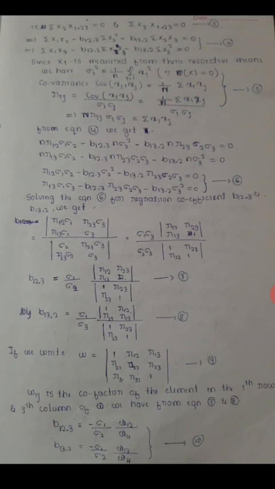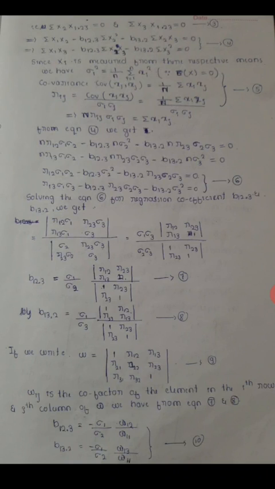Solving equation 6 for the regression coefficients b12.3 and b13.2, we get b12.3 equal to the determinant of r12 sigma 1, r23 sigma 3, r13 sigma 1, sigma 3, divided by the determinant of sigma 2, r23 sigma 3, r23 sigma 2, sigma 3.